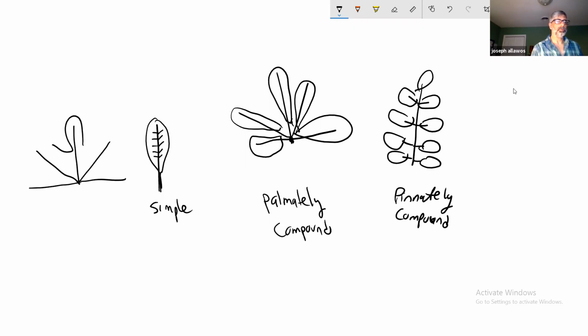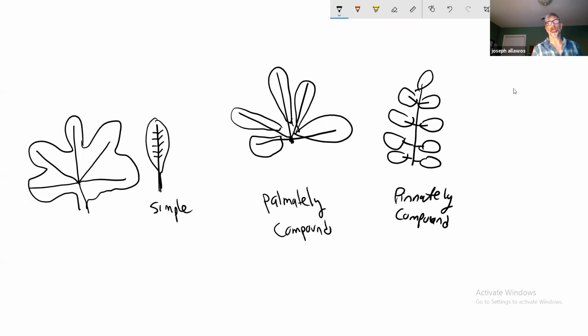And it could be a lobed leaf. So this is not a compound leaf, it's just a lobed leaf. But you can see that it's got a similar vein structure to this palmately compound leaf.